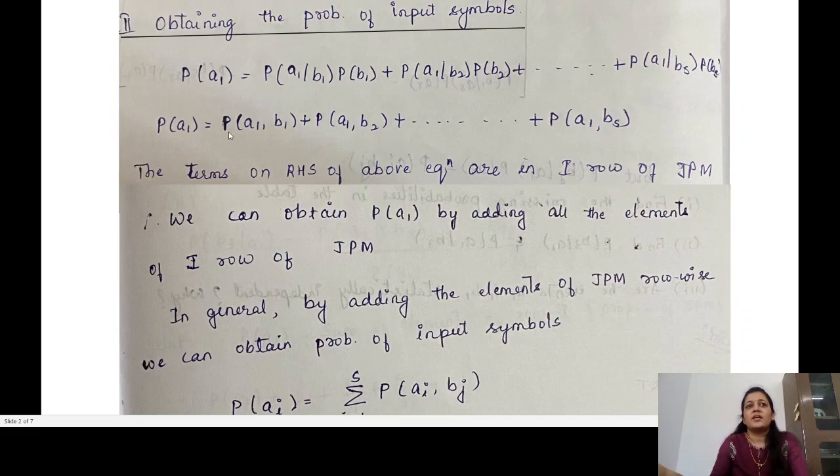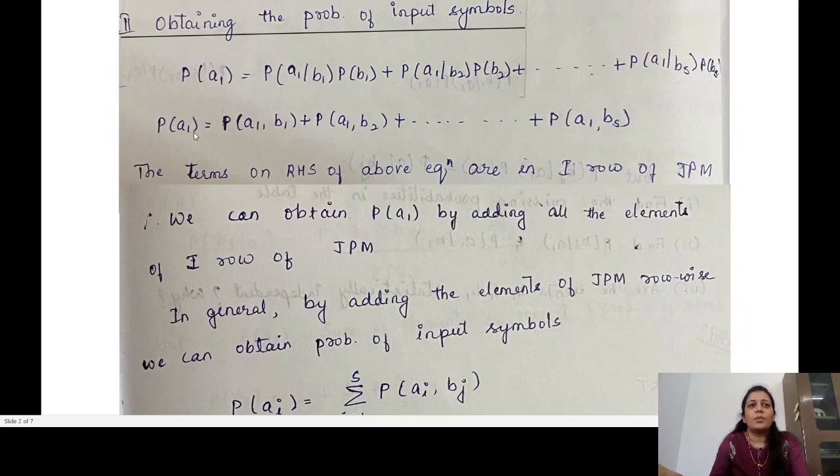So I can see that this is the element corresponding to the first row first column, this is the first row second column, and this corresponds to the first row and nth column of the joint probability matrix. So these terms are again obtained from the same row but from different columns.